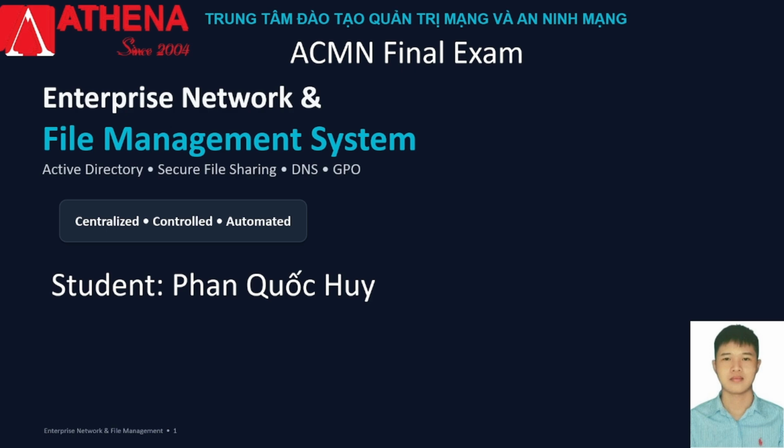I built an enterprise network and file management system using Active Directory, secure file sharing, DNS, and group policy. The main idea is simple: centralized management, controlled access, and less manual work.